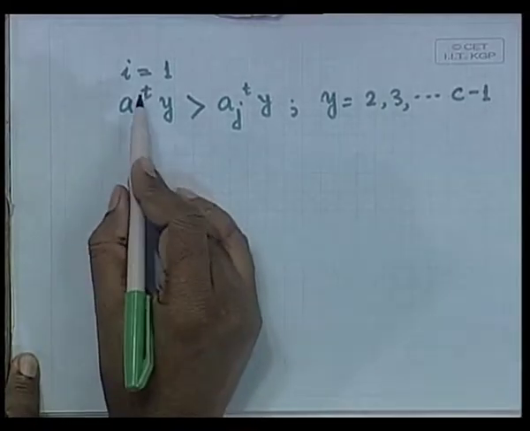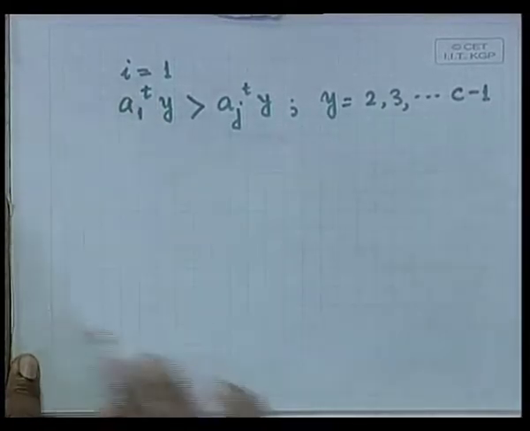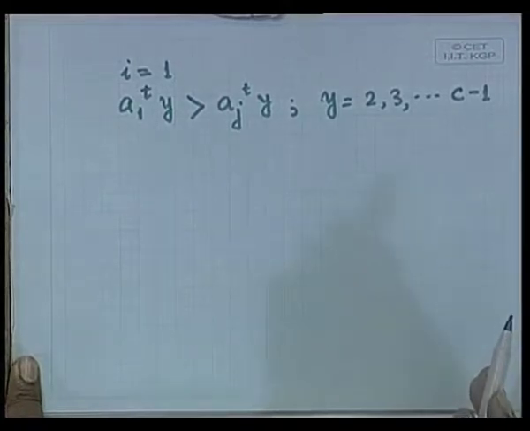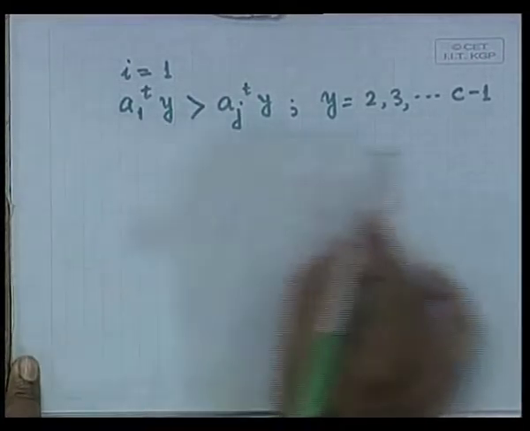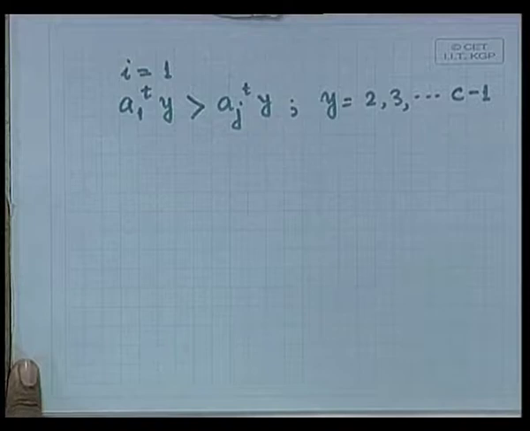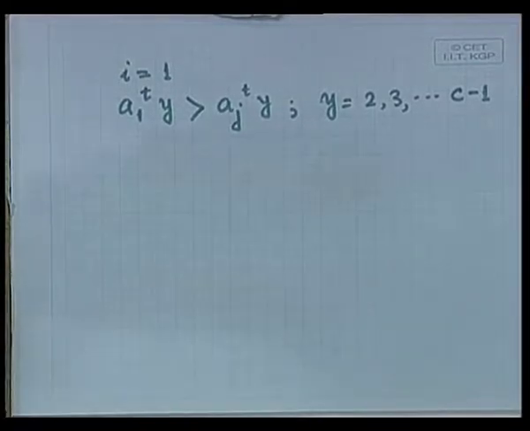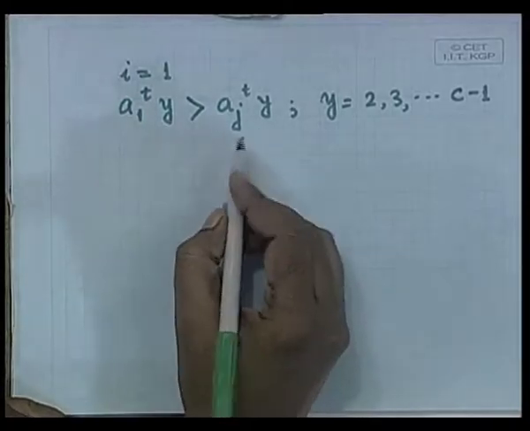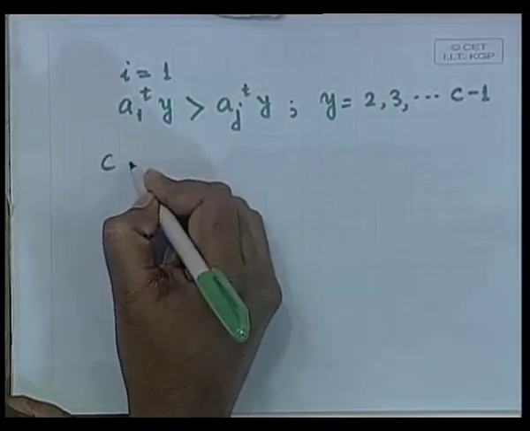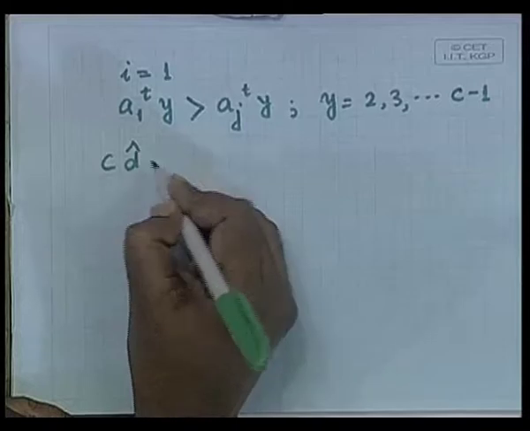So, I take a particular value of I which is equal to 1. We find that all these C minus 1 inequalities can be put in a unified approach if I take a C into d hat dimensional weight vector.